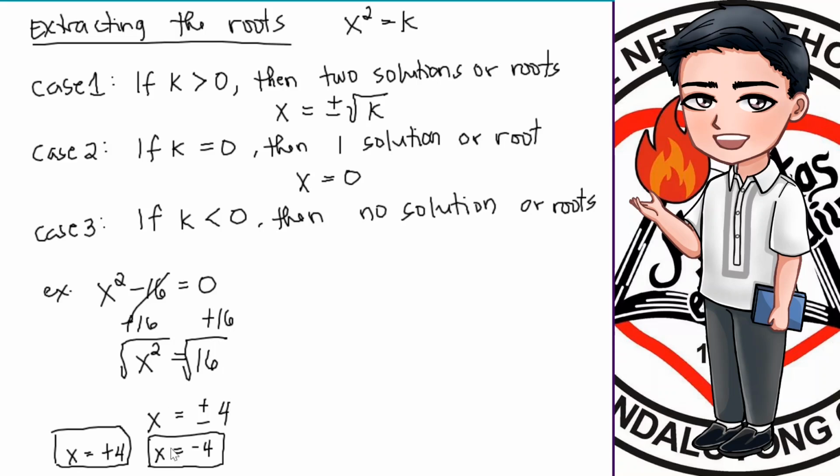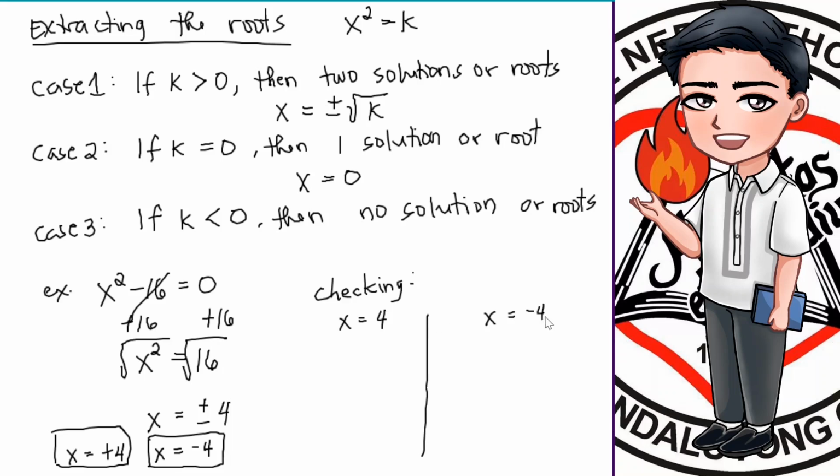Now, let us check whether our solution set or our roots are correct. Checking, all we have to do is substitute either of these two roots in our equation. We are going to use both of them to really check.